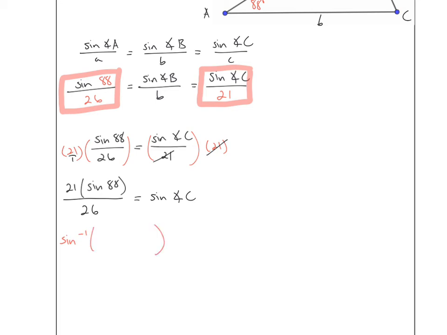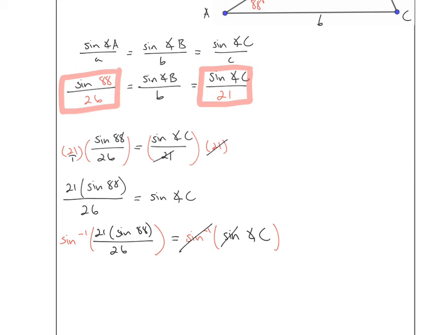And now is the time when we go ahead and do exactly that. So we take sine inverse of 21 times sine of 88 degrees divided by 26. And this is, of course, equal to sine inverse of sine of angle C. And because these are opposite operations, sine inverse and sine cancel each other out.